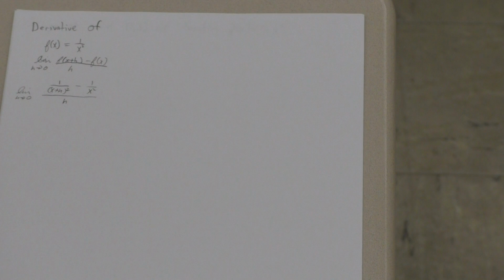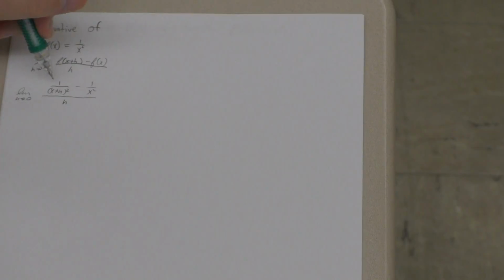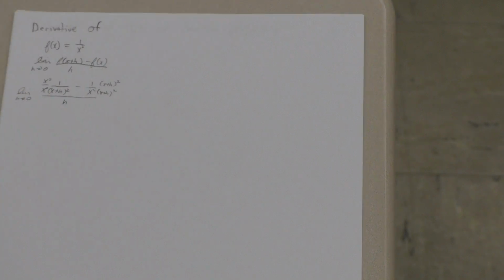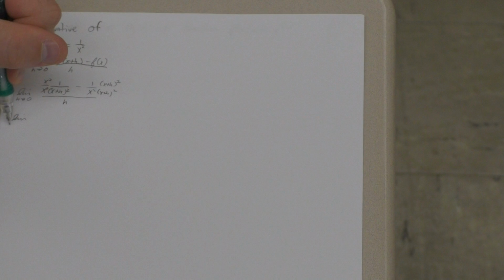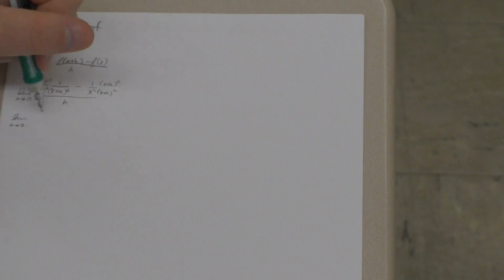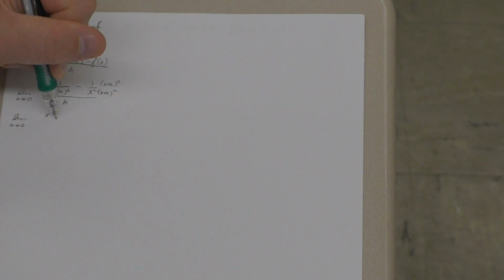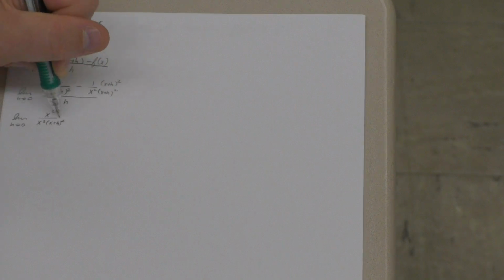Okay, now what I'm going to do is I'm actually going to get common denominators, and I'm going to add these together. So that gives me the limit as h approaches 0 of x squared over x squared times x plus h squared.